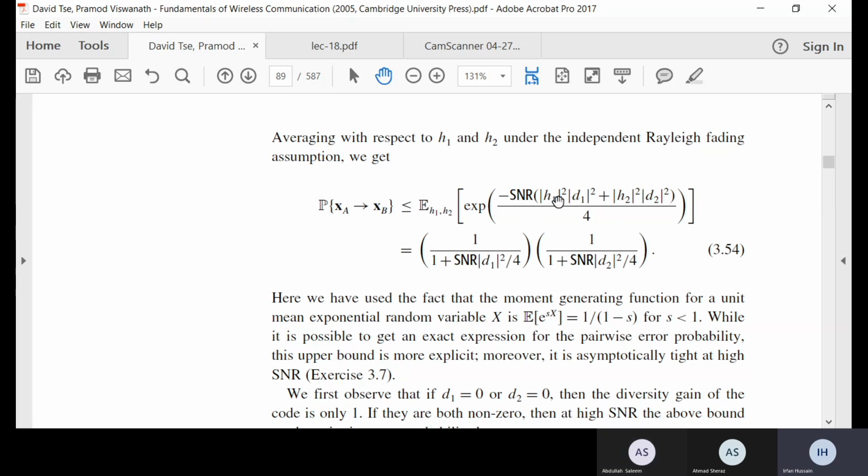So here h1 mod square is your exponential, rest of it is just s. So it becomes 1 minus s, which is just 1 plus SNR d1 square over 4. So you will get these two terms.